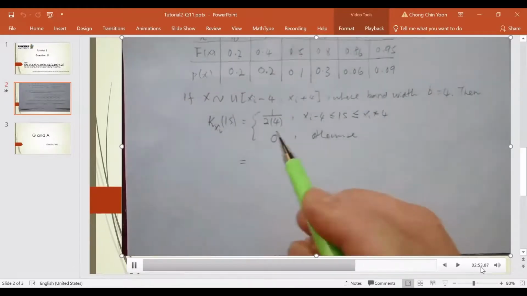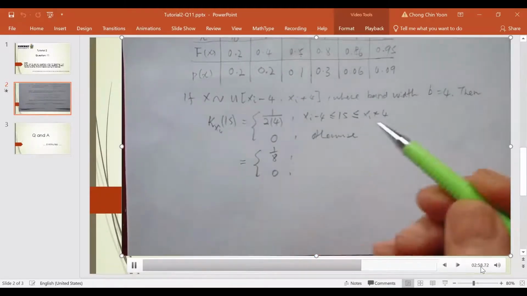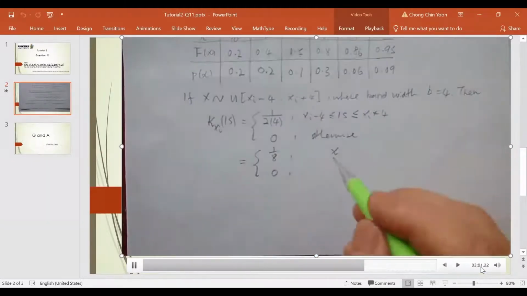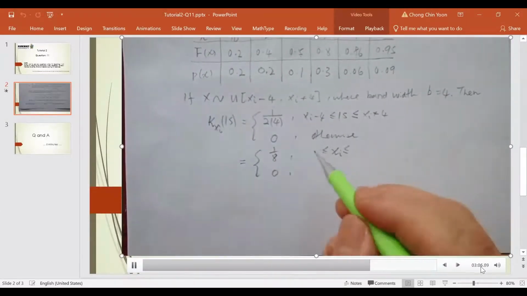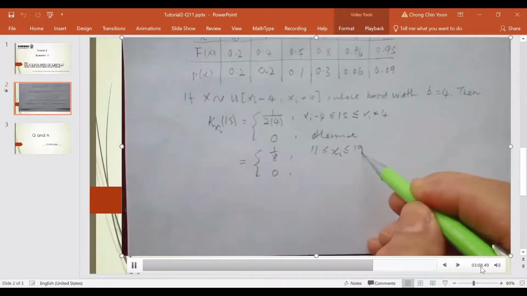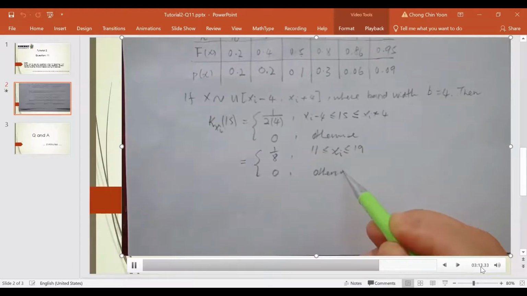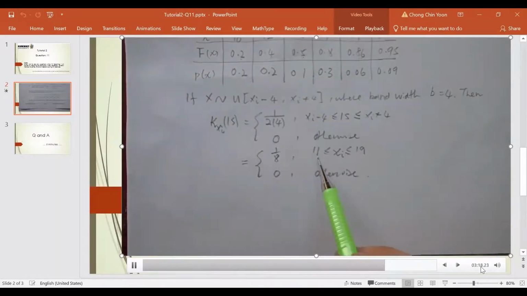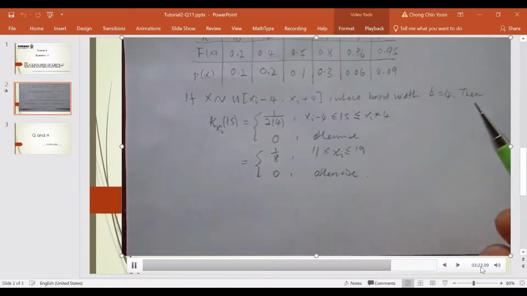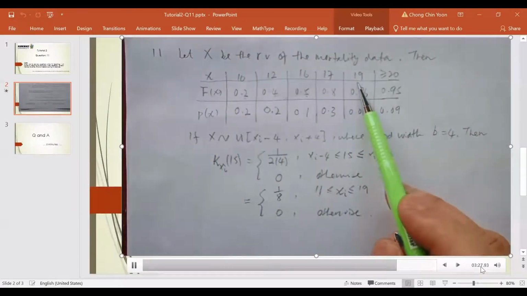So let's simplify this. I will have 1 over 8 and 0, corresponding to the interval where xi is bounded from 11 to 19, and 0 otherwise. So we have to consider all the data inside this interval from 11 to 19. So we only consider 12, 16, 17, 19.